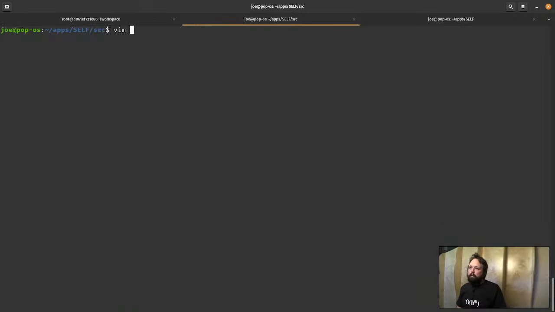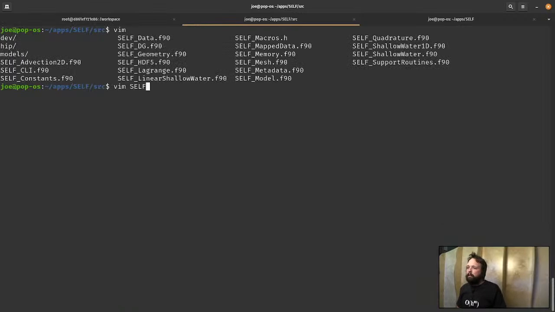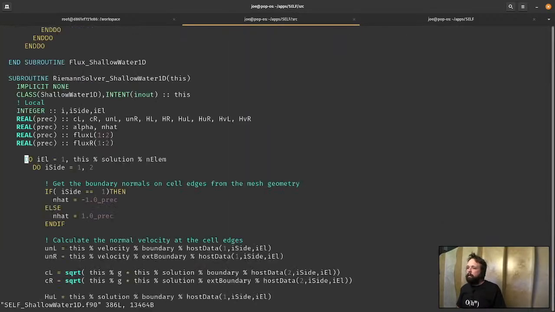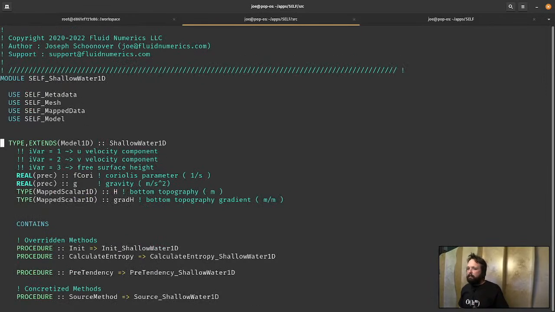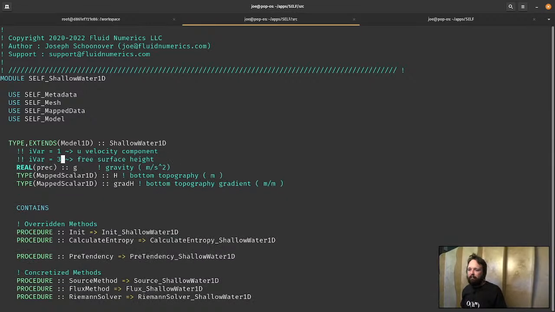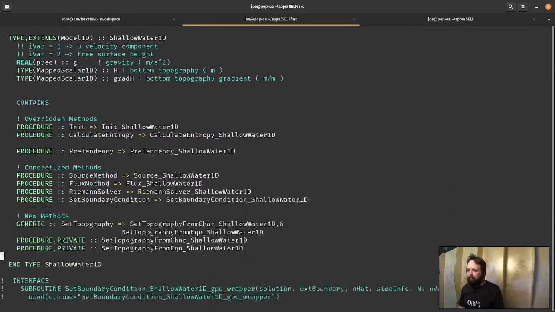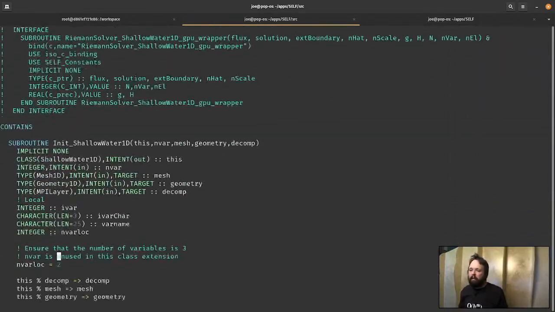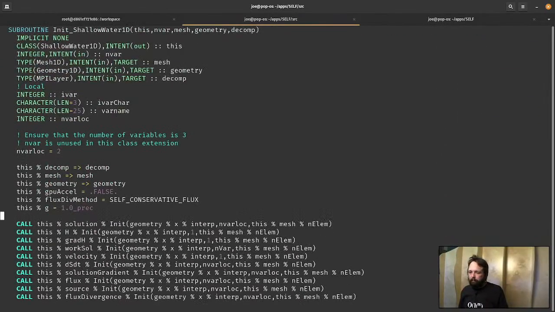So what we have that was recently added was this shallow water 1D. And much like the 2D one, here we're doing a type extension of the model 1D class. We actually don't need a Coriolis force in the 1D model because there's not two components of the velocity anymore, so we'll go ahead and get rid of that Coriolis force, or the Coriolis parameter.